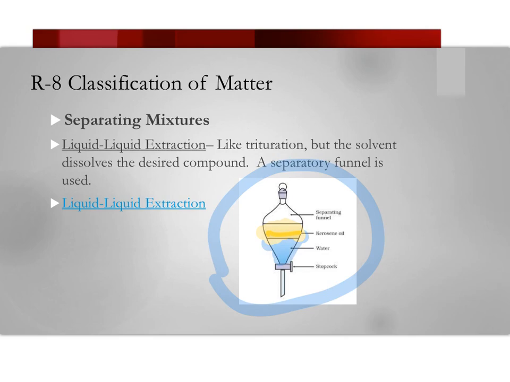Or if the compound you want is soluble in water and there's other things there that are not, you could simply add more of an oil type compound, like acetone, for example, and that will get rid of all the organic materials you don't want, leaving you with just water. And then down at the bottom of this separatory funnel is a stopcock.